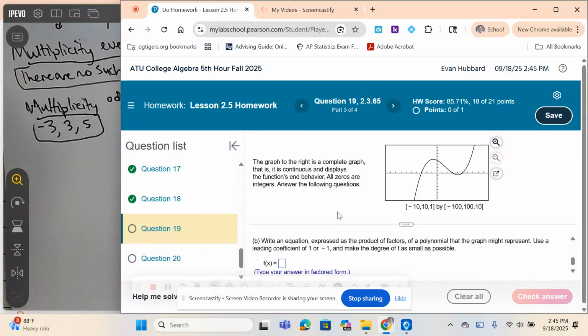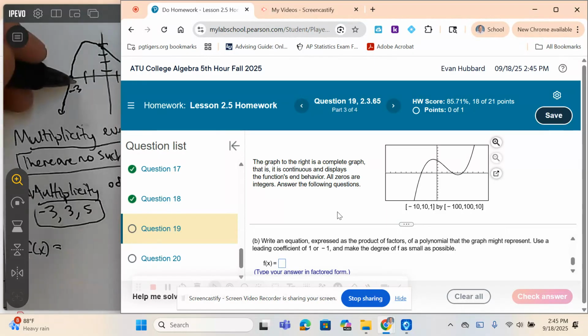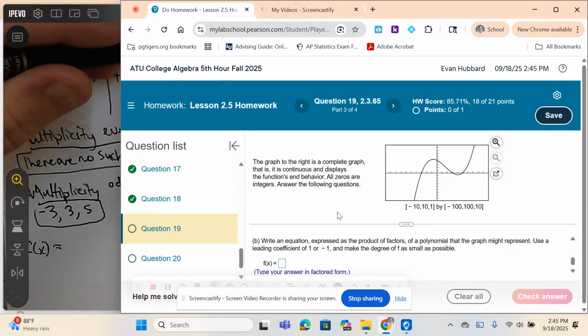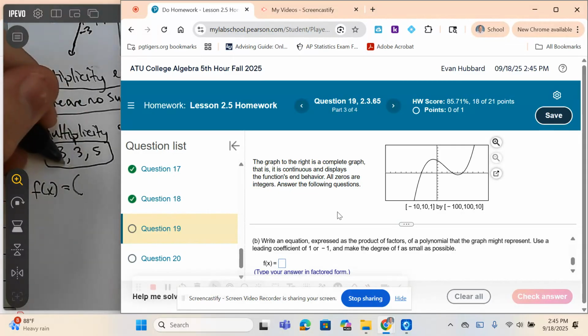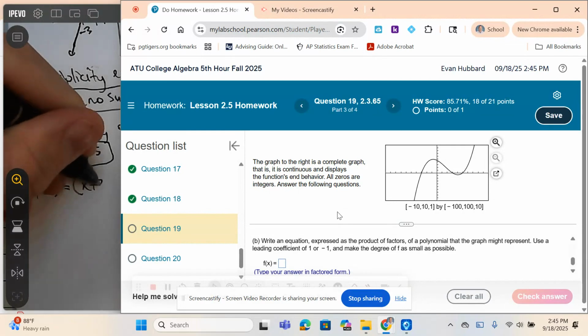Okay, write an equation as a product of factors of the polynomial the graph might represent. Use the leading coefficient of 1 or -1 and make the degree as small as possible. So what you're going to do is plot the zeros. First off, it's going down on the left and rising to the right, so it's going to be a positive leading coefficient. For -3, you're going to do x plus 3.